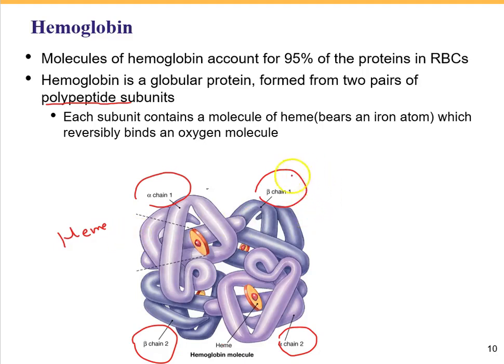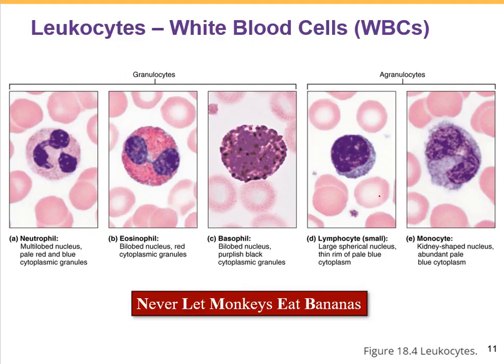In this way, each molecule of hemoglobin can carry four oxygen molecules, as each heme molecule or iron atom binds to one oxygen molecule.